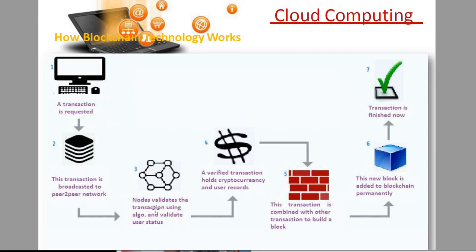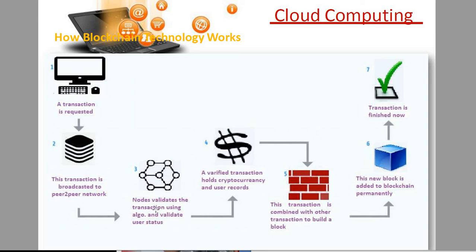Then a verified transaction holds cryptocurrency and the user record. From there it verifies the user record, whether it is a valid user or not. If it's valid, then the transaction is combined with other transactions to build a block.